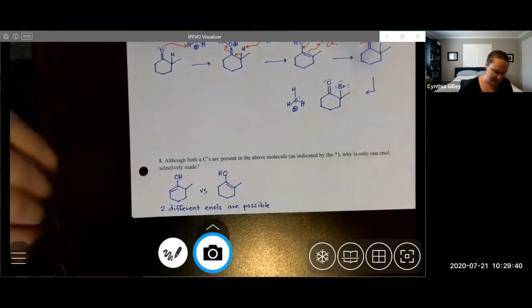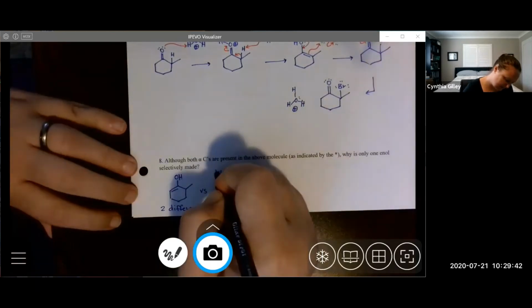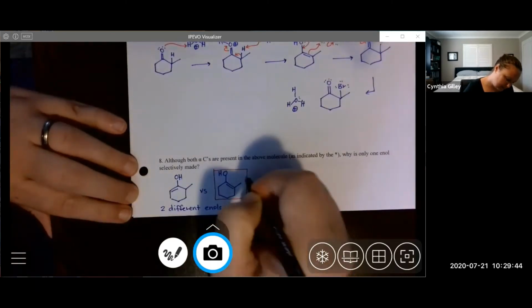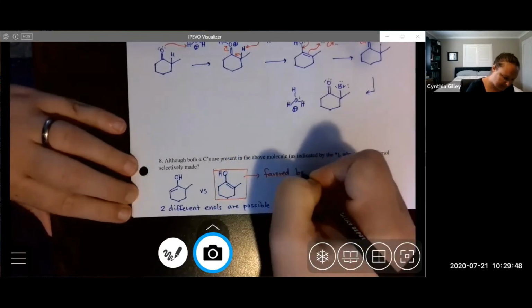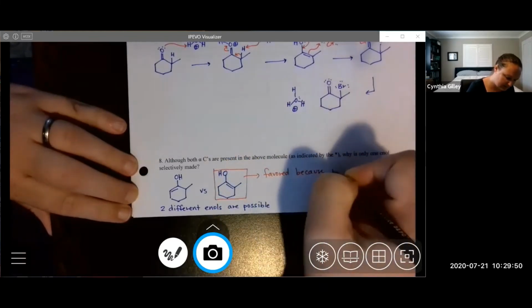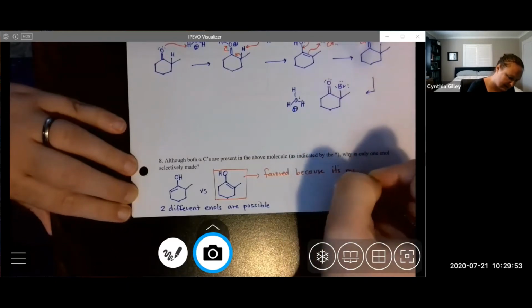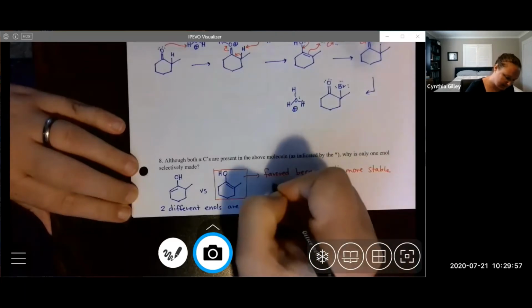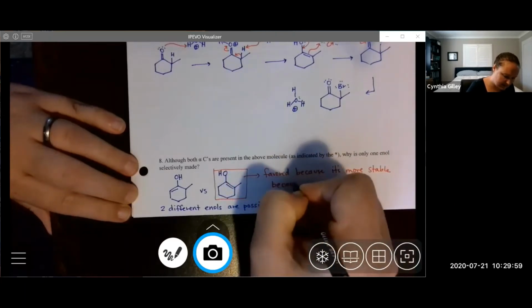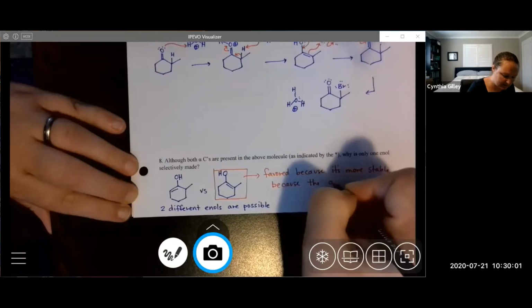So it is this one that's actually favored, right? Because it's more stable. Why is it more stable? Right? Because the alkene is more substituted.